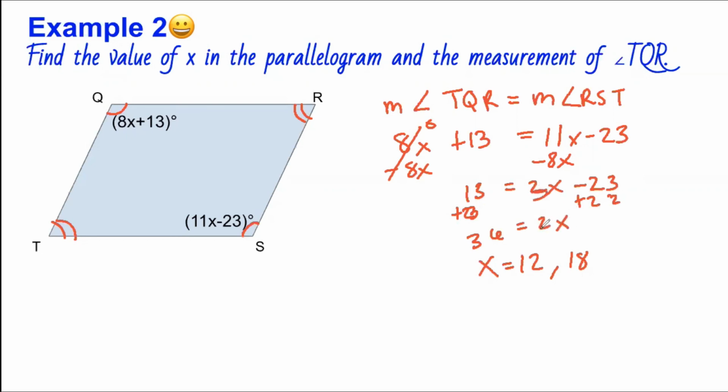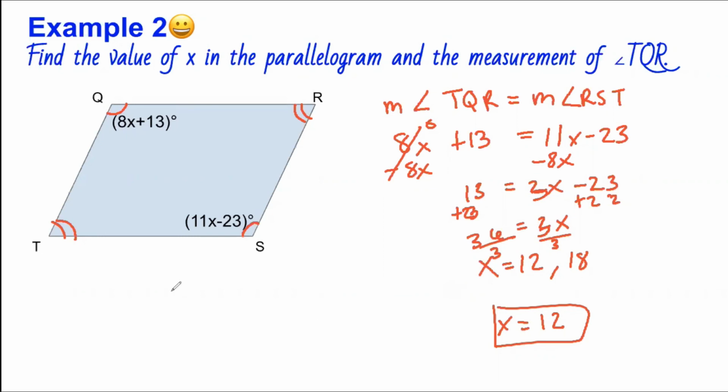Oh my goodness gracious, 3x. Divide by 3. Divide by 3. Therefore, x equals 36 divided by 3, which is 12.